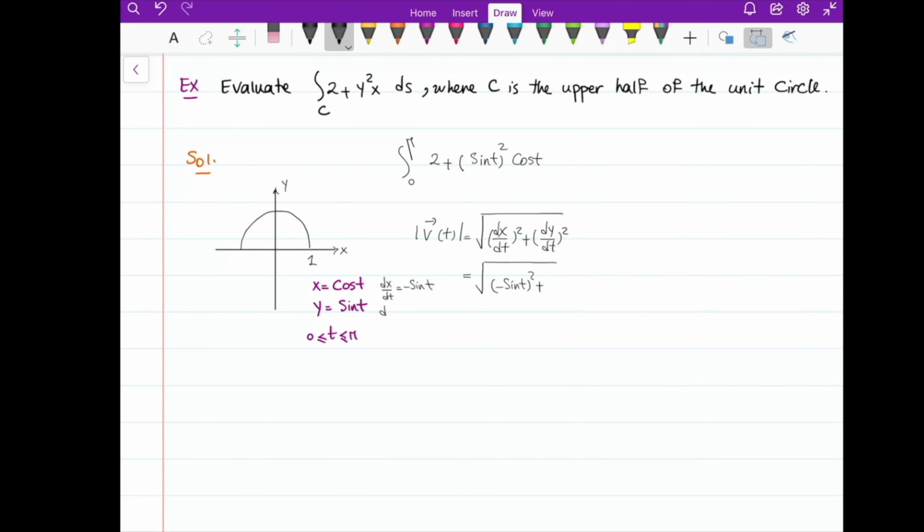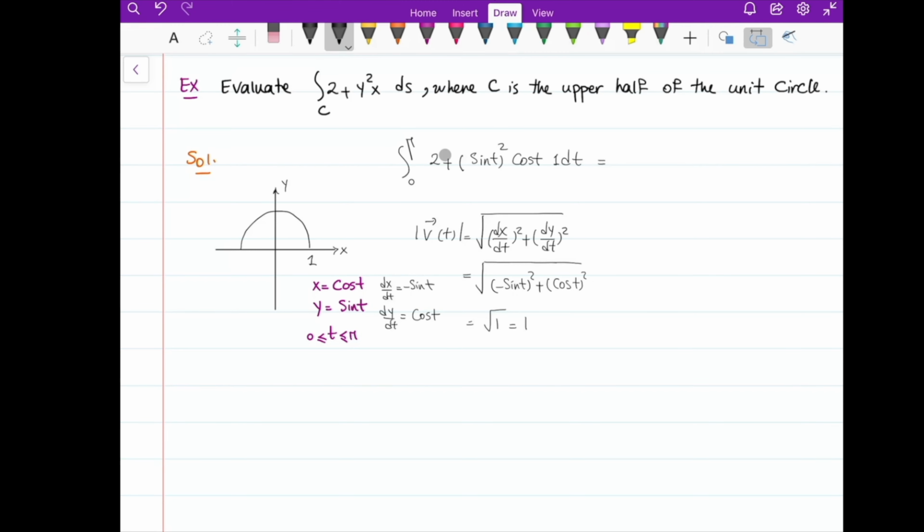For dy/dt, when I have sine t, the derivative would be cosine t, so cosine t squared. As you see here, I get sine squared plus cosine squared, which is 1. So the square root of 1 is 1. So ds would be the speed times dt, which is 1 dt, right?